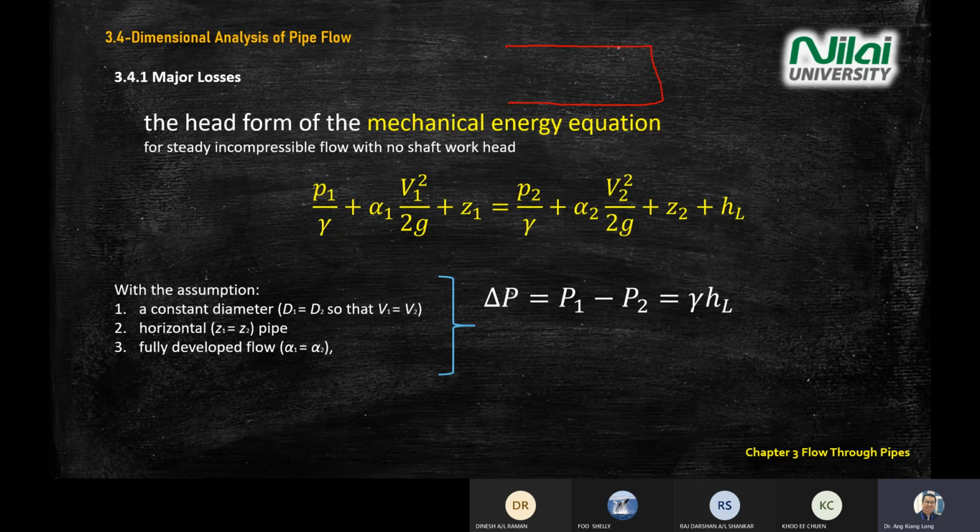an elbow, here one elbow, second elbow. So if you want to calculate the head loss at this corner, you need to include minor.